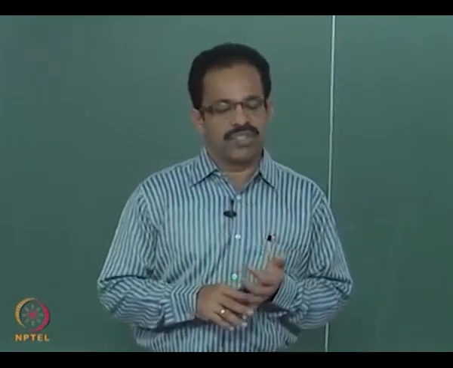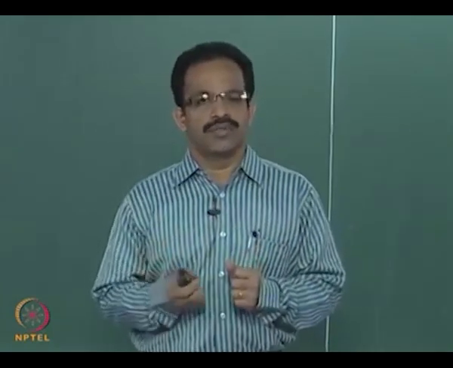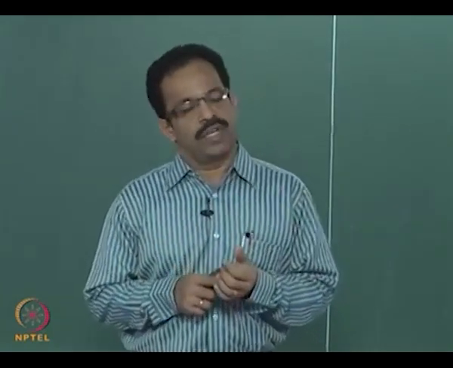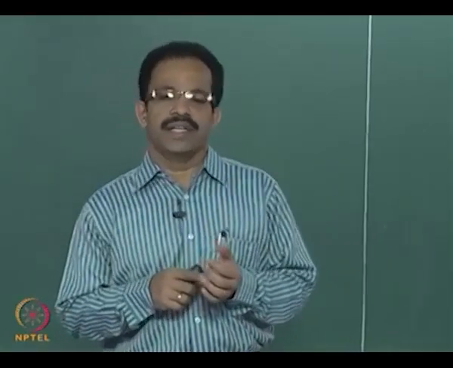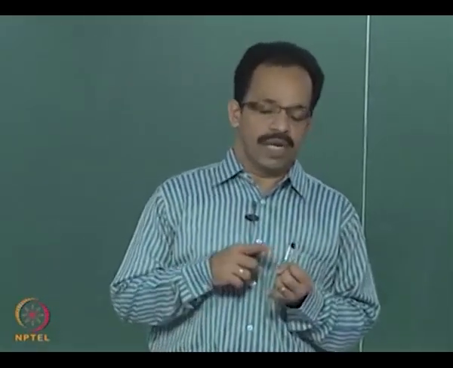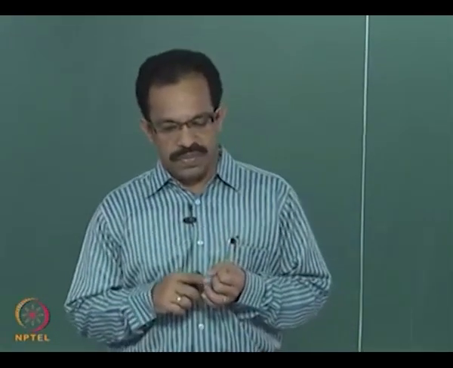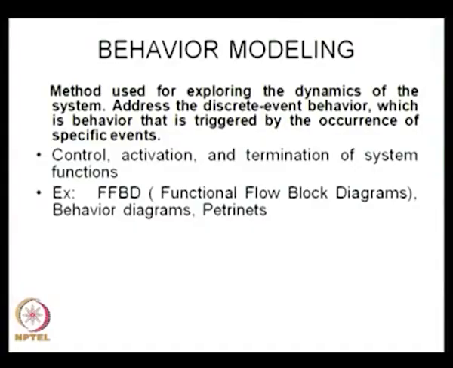Here the control, activation and termination of system functions are modeled using the behavior model. So not only the data and the process, we also want to model the control, activation and termination of system functions. For this purpose we have various methods. One method is known as the function flow block diagram, that is FFBD, and we have other things like behavior diagrams and Petri nets.